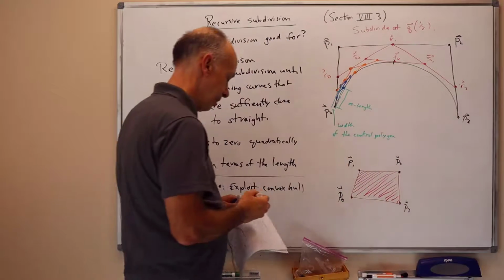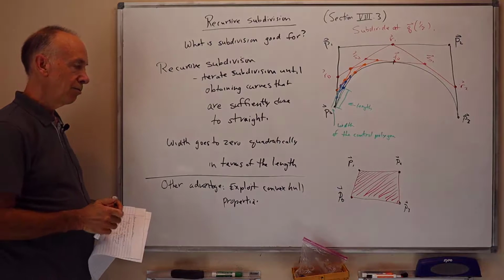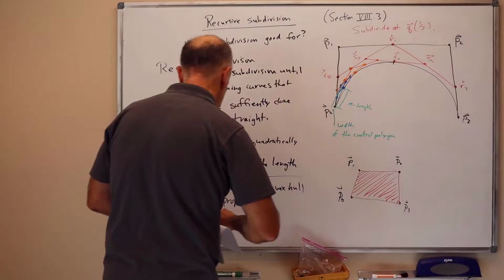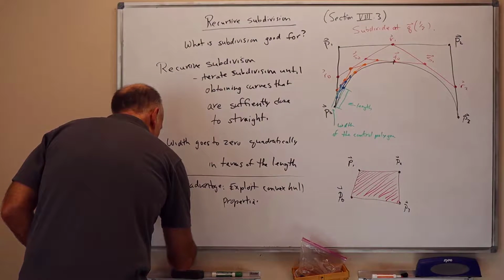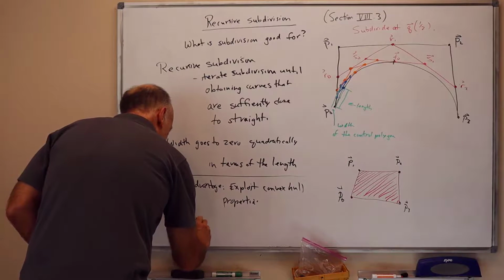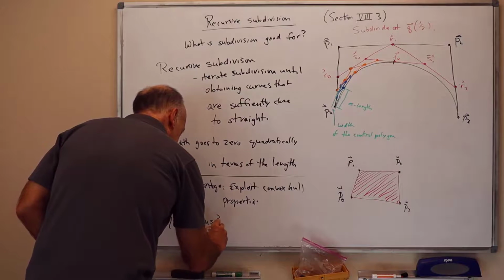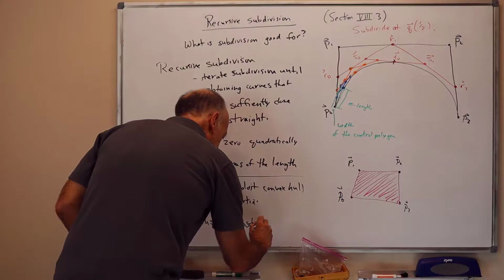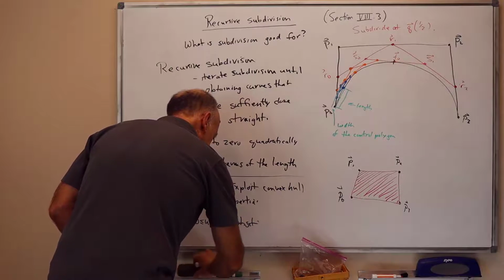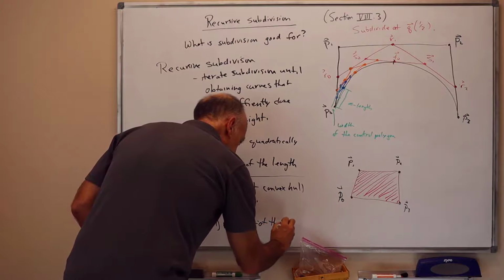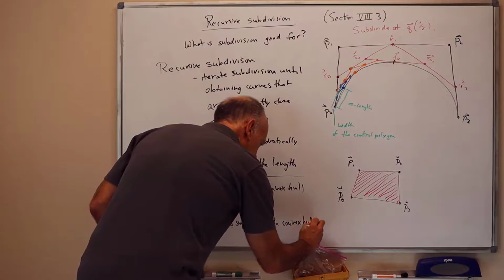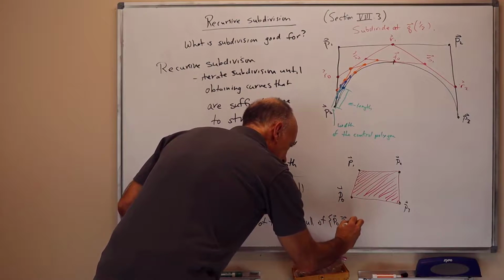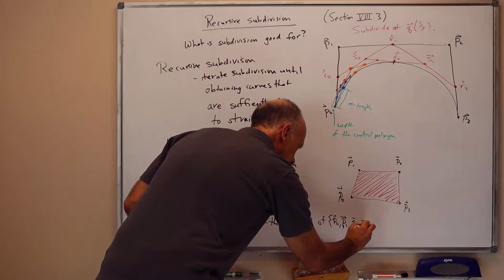Then we know the curve Q of U lies inside the convex hull. So the set of points Q of U for 0 less than or equal to U less than or equal to 1 is a subset of the convex hull of P0, P1, P2, and P3.